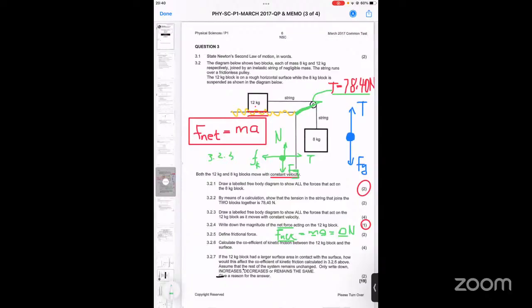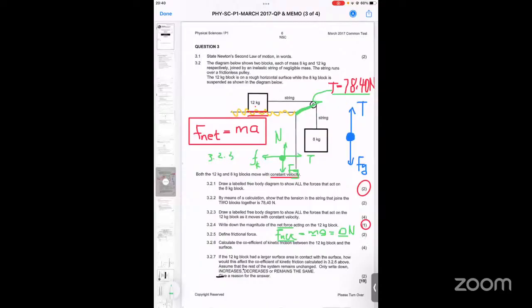You need to note it down and make sure that you know how to define frictional force, because if you don't, then you are in trouble, honorable member, because something like frictional force, we only tell you once, or we tell you where to find it, and then it remains your responsibility to make sure that you know it by heart. Because if you don't, it will come in an exam and you can't rely on your calculator to define frictional force. You will have to make sure that you define it.